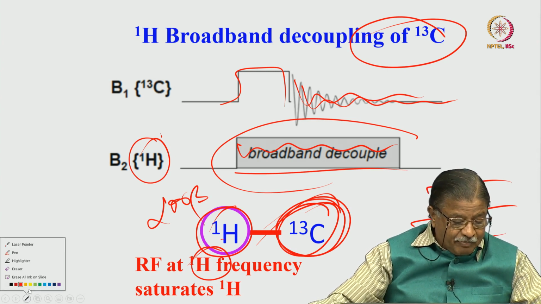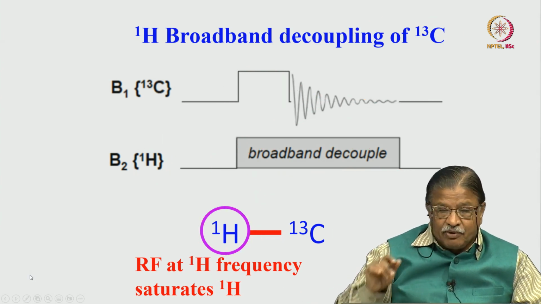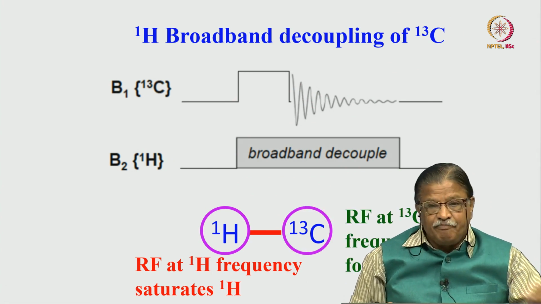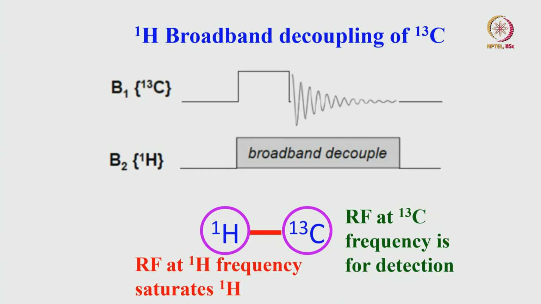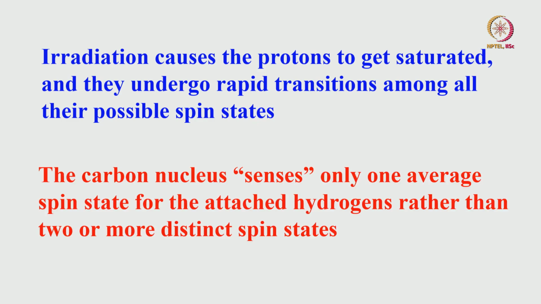So when you are applying the other RF power at the proton channel and you collect the signal, you will break the coupling between all protons and all the carbons they are coupled to. Irradiation causes protons to get saturated, and the spins undergo rapid transition among all the possible spin states. The carbon nucleus senses only the average spin state, not either alpha state or beta state.